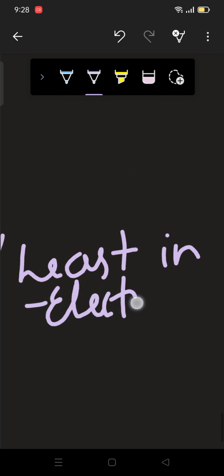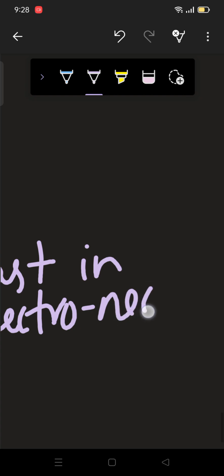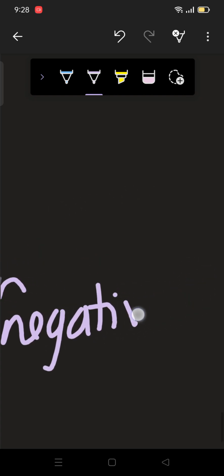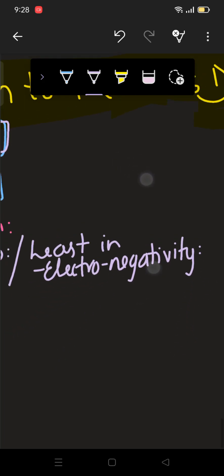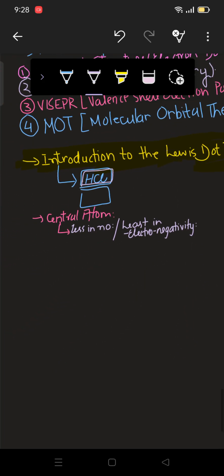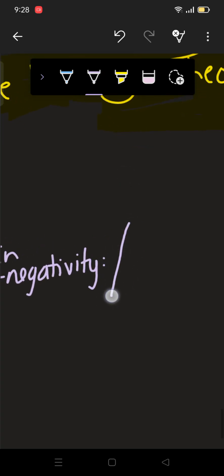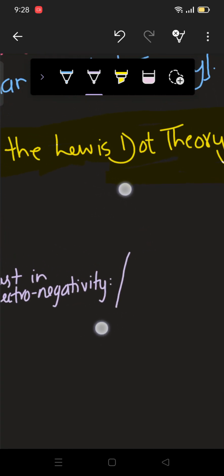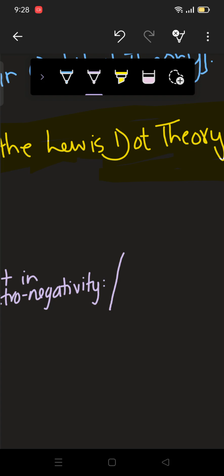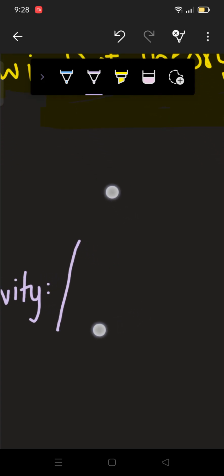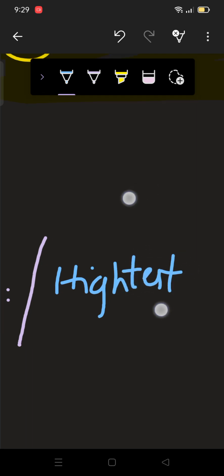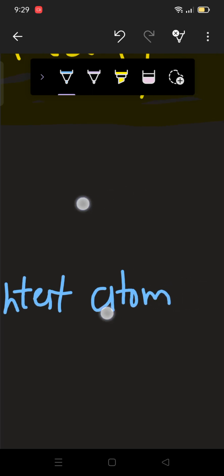That must be least in electronegativity. All right, if you cannot identify through least electronegativity, then you can jump towards another factor. Then you can go with the atom which has the highest atomic number.